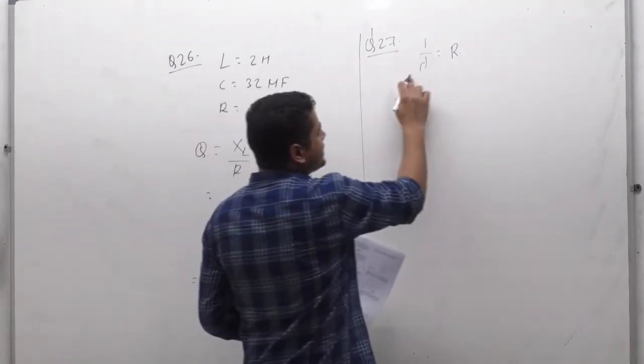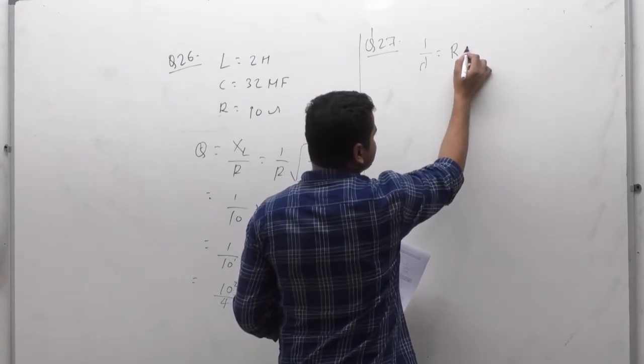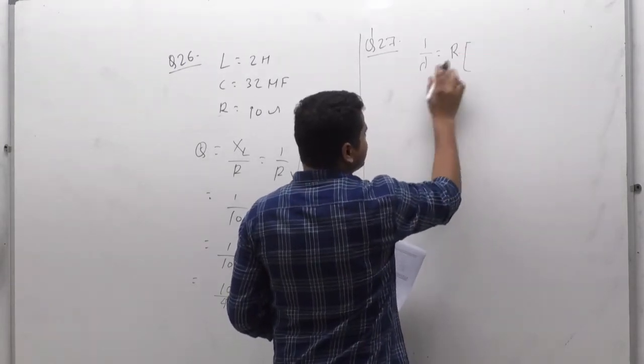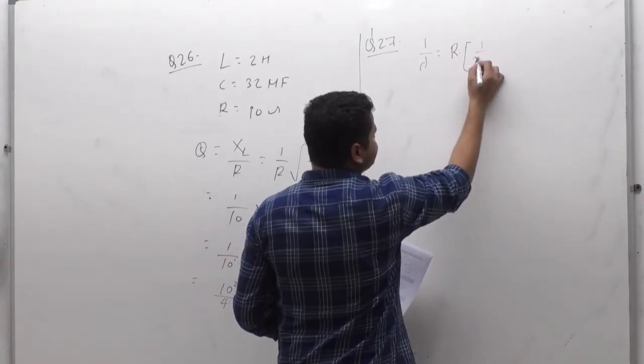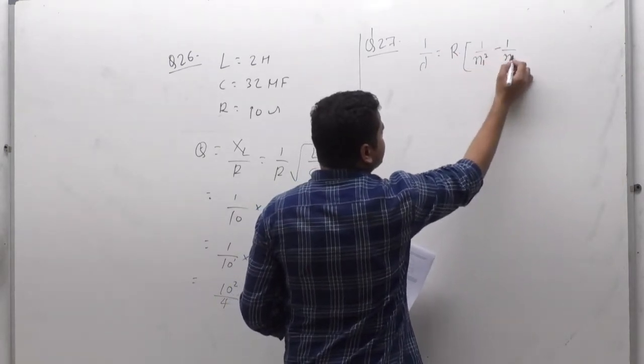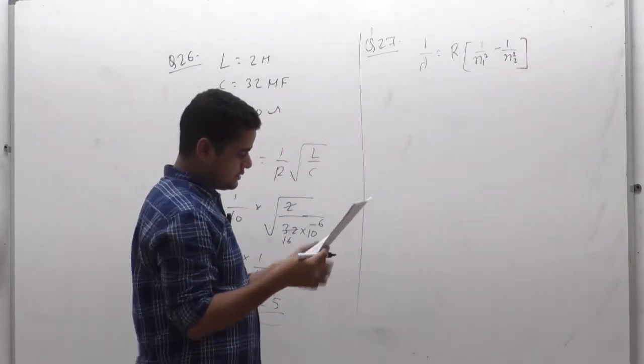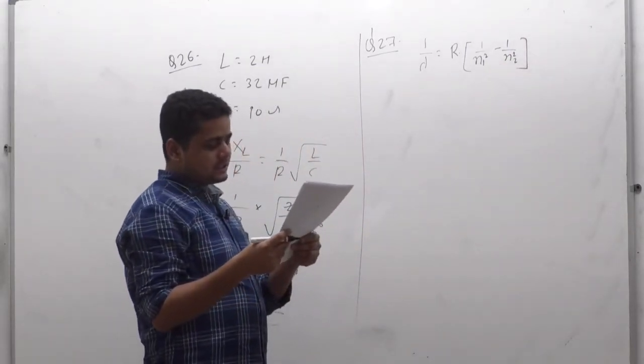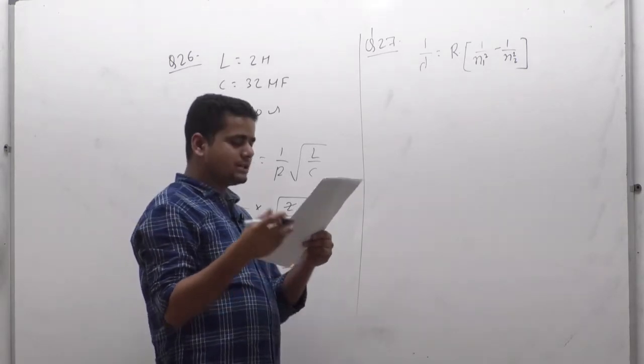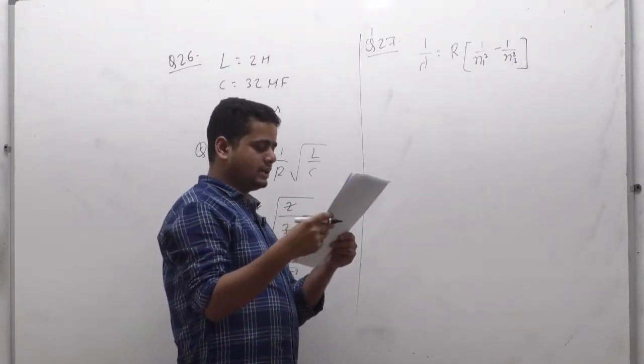So 1 by lambda equal to the Rydberg constant into Z square, which is 1 square for hydrogen, 1 by lambda equal to R into 1 upon N1 square minus 1 upon N2 square. Now in this particular question, the wavelength of the radiation emitted when an electron jumps from the third to the second orbit is given.